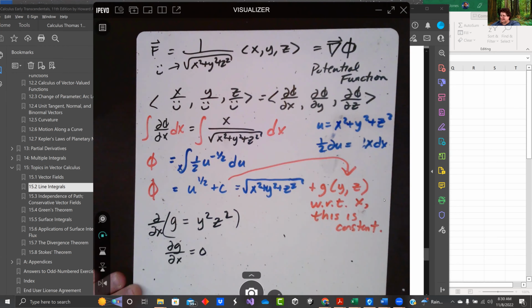So with respect to x, that's 0. That's why when we say we got a constant, well, it was constant with respect to x. Maybe I'll write that in right here: C is constant with respect to x. WRT is my shorthand notation for with respect to.